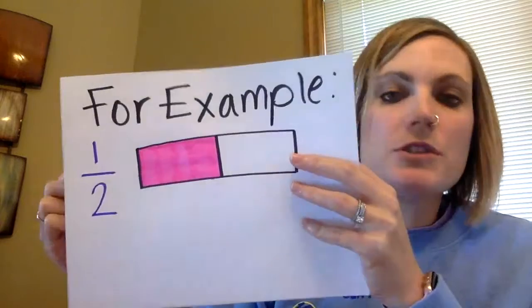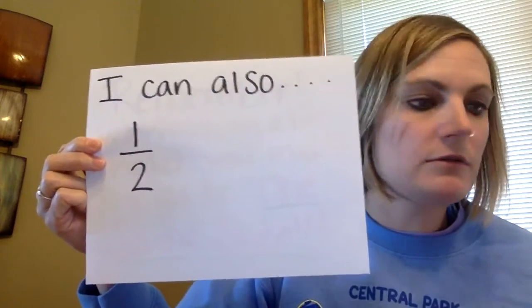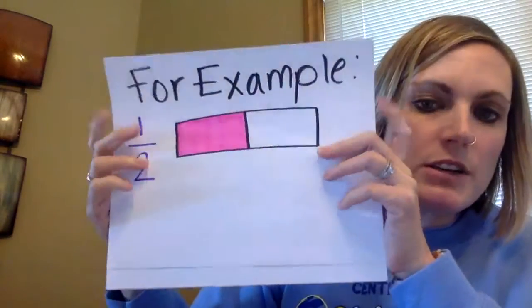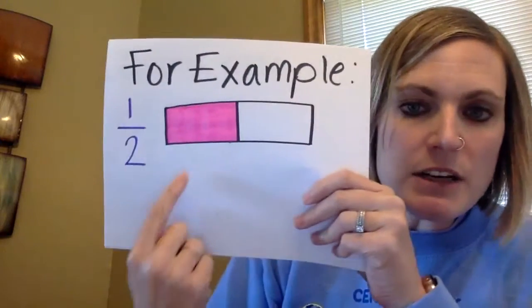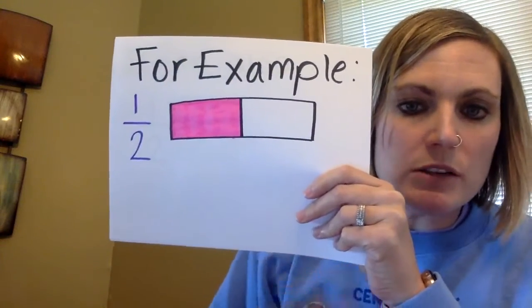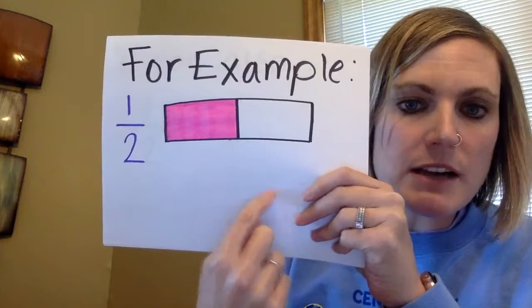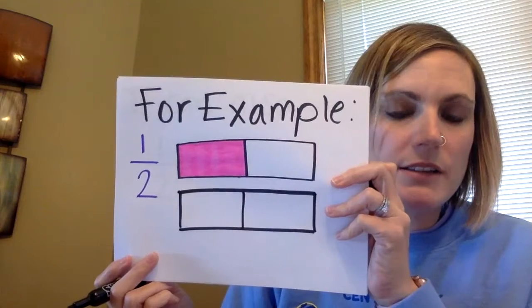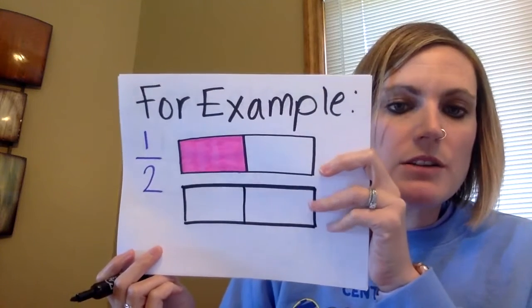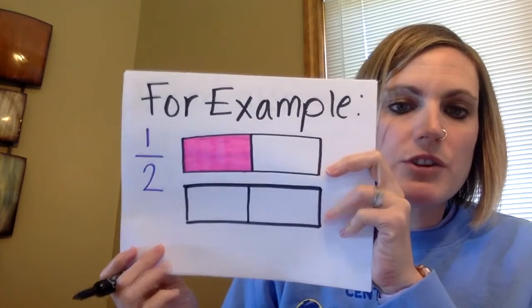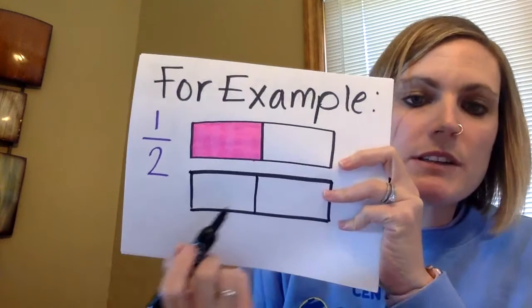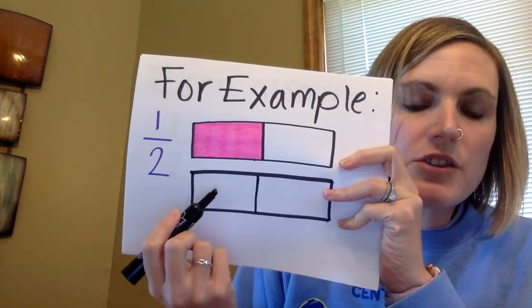If I were to create an equivalent fraction, what I would need to do, if I'm going to use a model, is draw the same exact model. So I would start out by drawing 1/2 here, just like this. Now what I would need to do to create an equivalent fraction using a model is split each of these pieces in half.